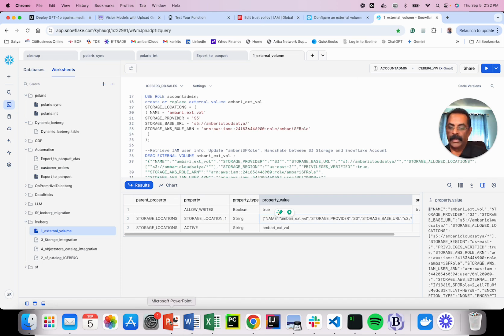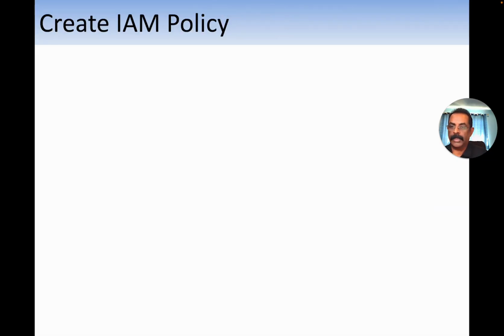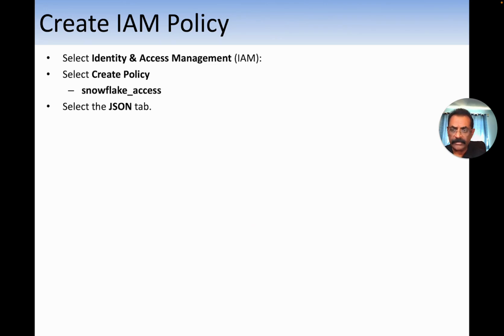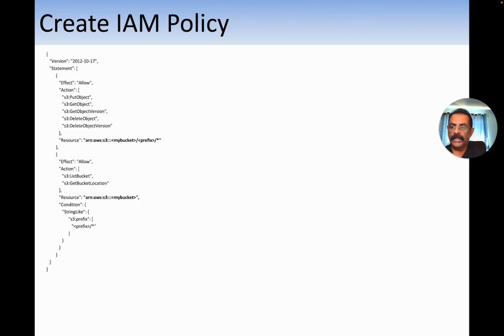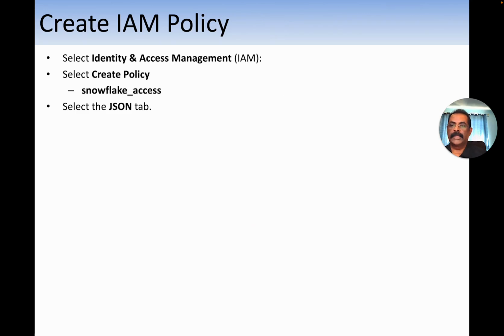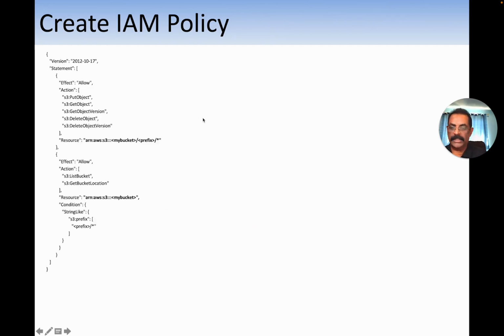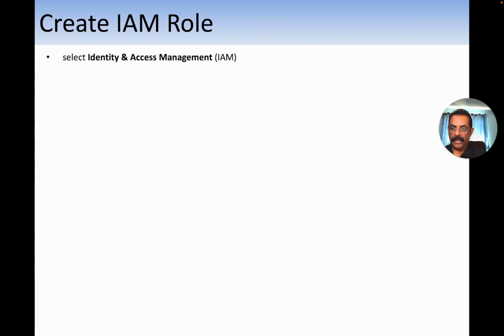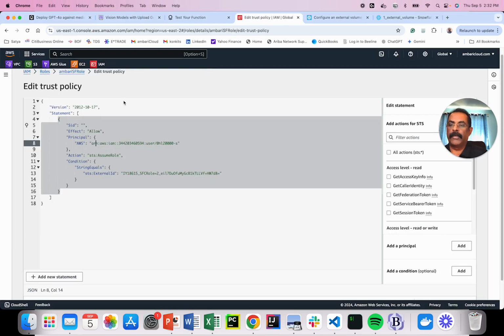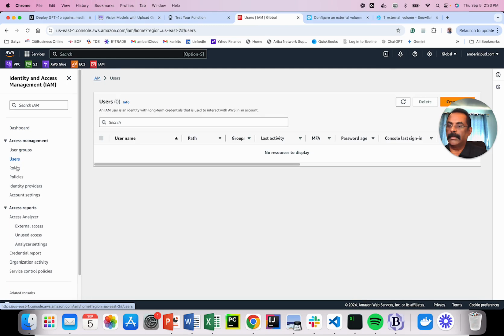Okay, so coming back, one more. We'll create a policy, go to the JSON tab, select the identity IAM, create policy, give some name, then select the JSON tab and give all these values, right? Then create a role, select another account, right? One more thing I want to clarify here: IAM, and click on Roles.